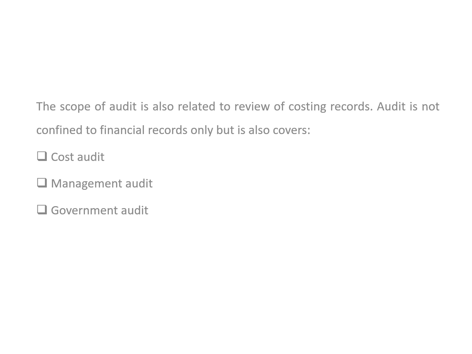In cost audit, the auditor should know the prime cost of the products, factory cost, cost of production, total cost, and earning capacity of the business.